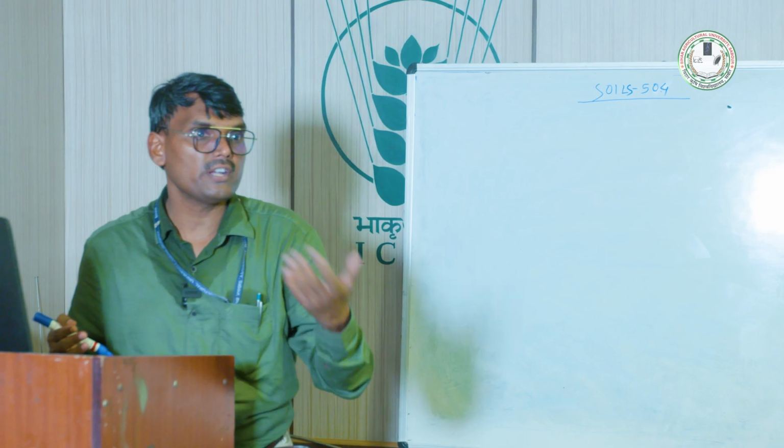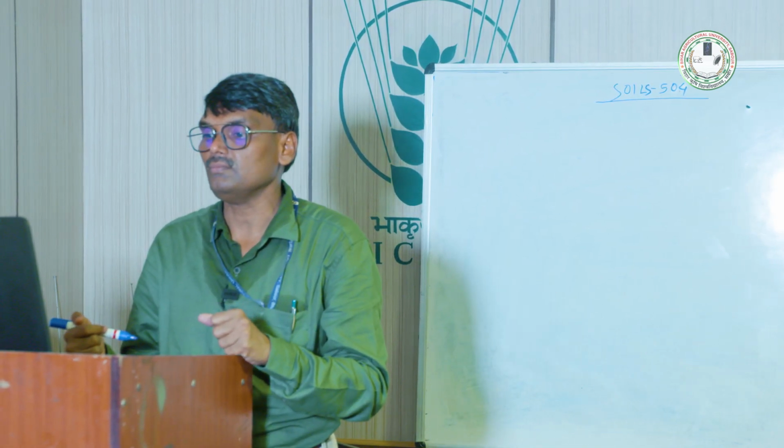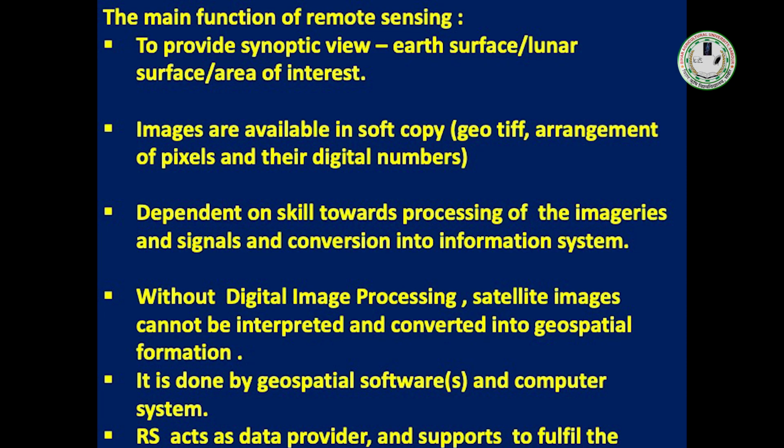The ultimate product is mapping. It is done by geospatial software, as we have already discussed. Remote sensing acts as a data provider and supports fulfilling the objectives of the GIS. Okay.